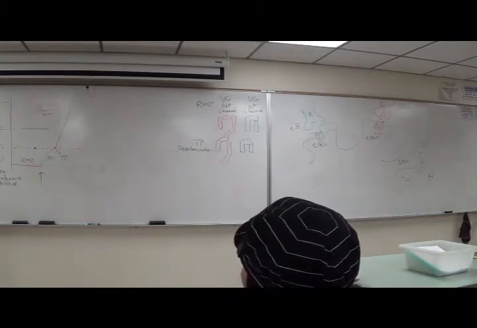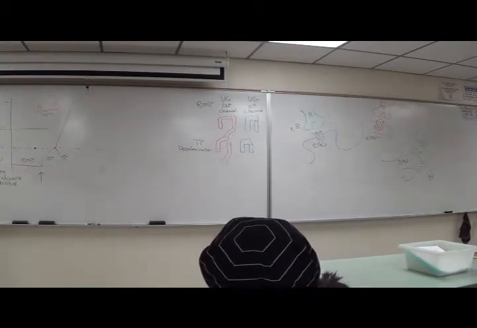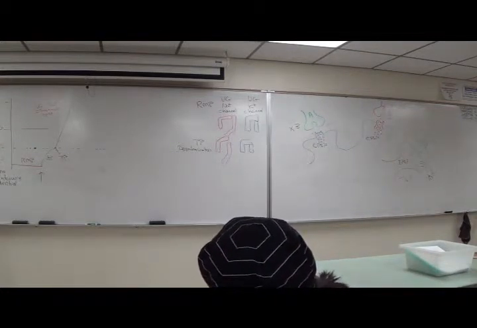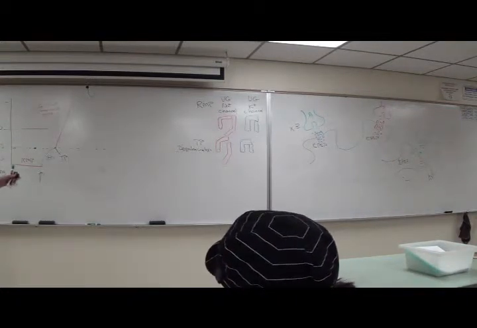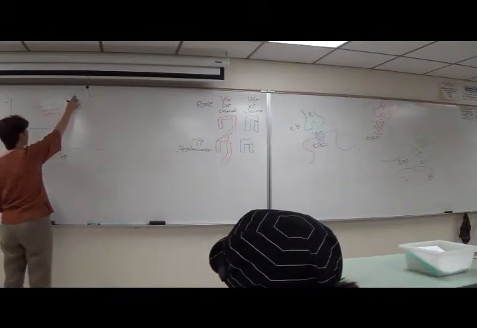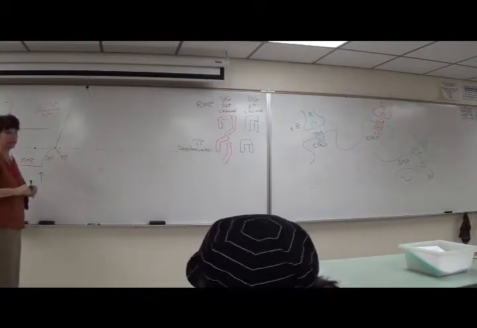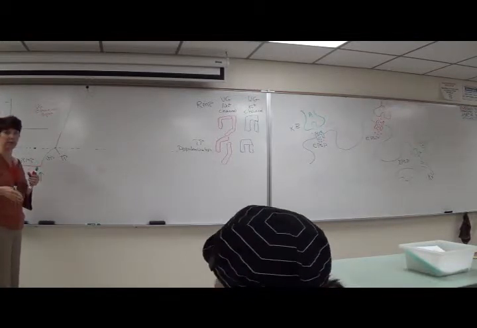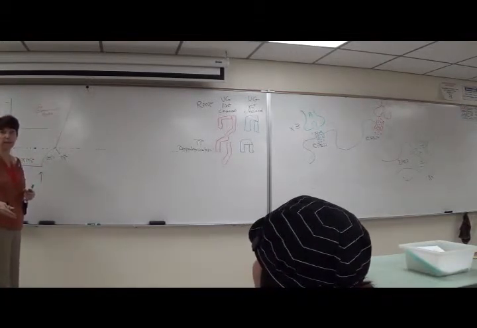The same voltage opens my potassium gated channels, but it takes them longer. Then I reach the peak of my action potential. The reason that's the peak is because voltage gated sodium channels close. No more positive ions are coming in.